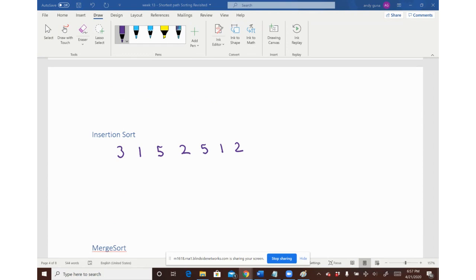The insertion sort works like this. It'll start to try to insert, so it'll go 1, 3, and then it'll try to insert 5 into that. So it'll go 1, 3, 5. It'll try to insert 2 into that array.